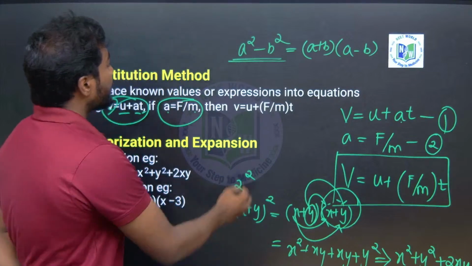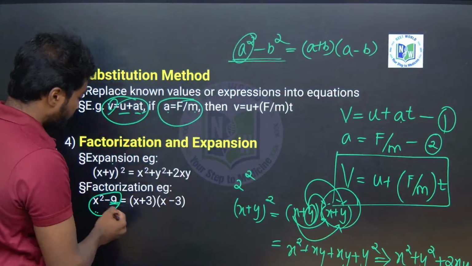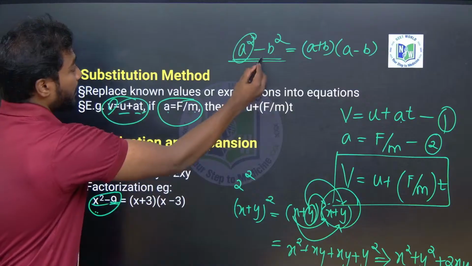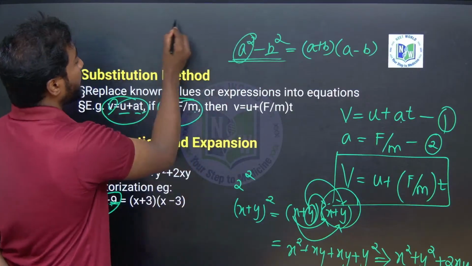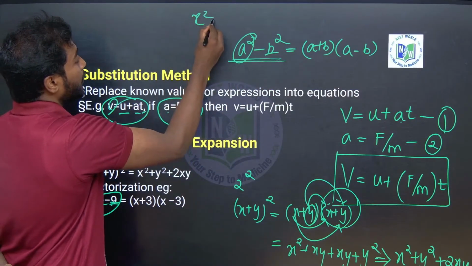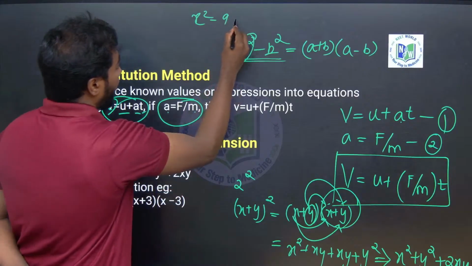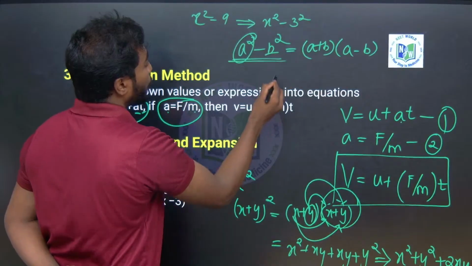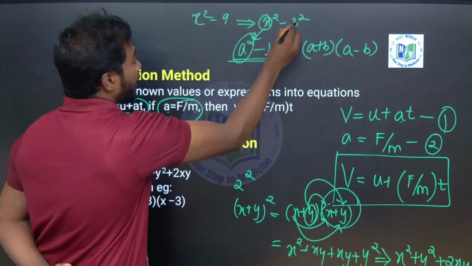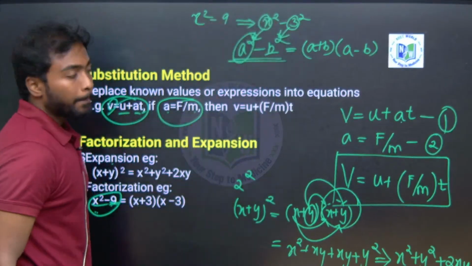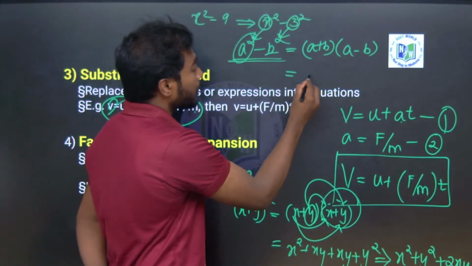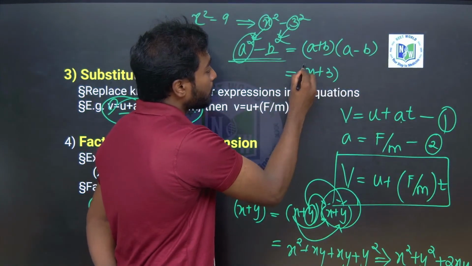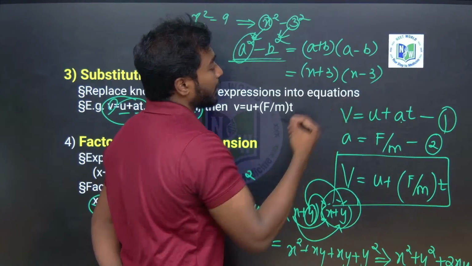So in this case, what is a? This is x. And b is 3 square. So I can write x square minus 9 as x square minus 3 square, where x is a and 3 is b. So if I expand this, x plus 3 into x minus 3.